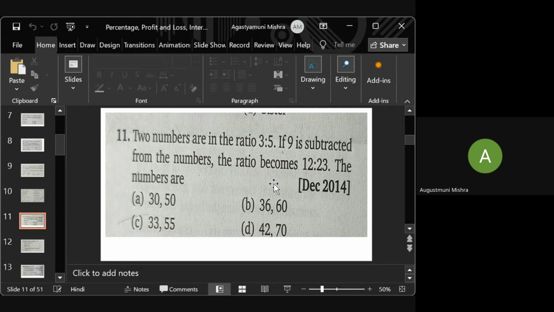That is 33, 35, they said. I think only 2 minutes are left for the end of this session.